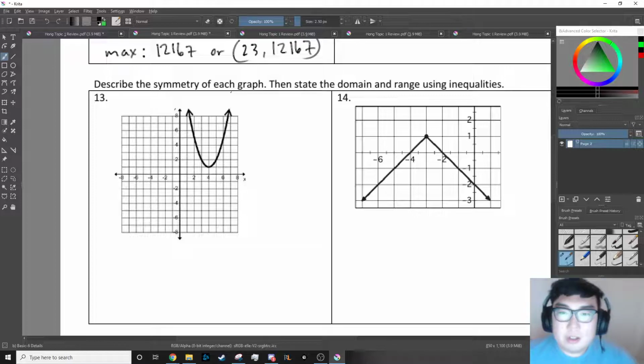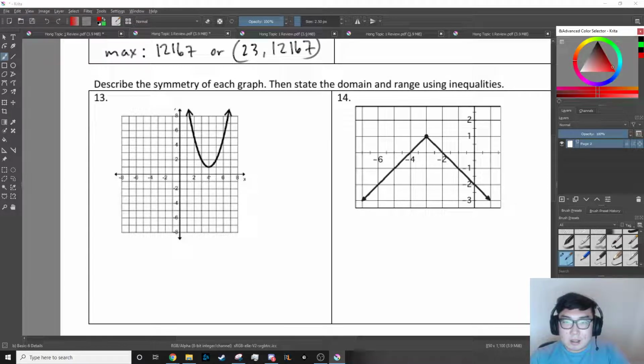Describe the symmetry of each graph. Then state the domain and range using inequalities. So I have this graph right here, right? And I know that the line of symmetry, or if I cut this in half and it's equal, I can cut this graph in half here. I'll use a line. I'll cheat.